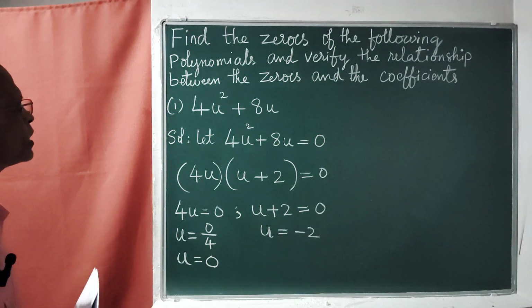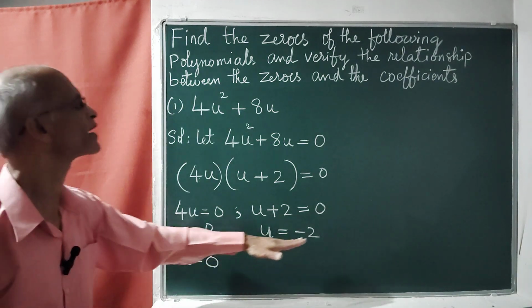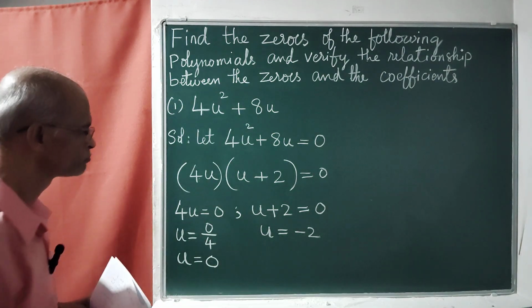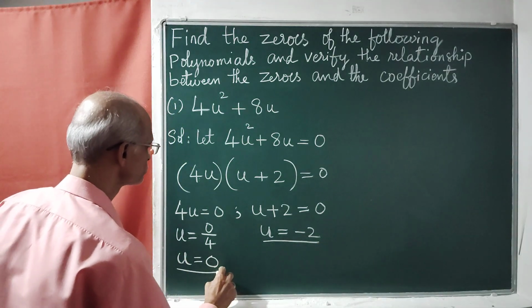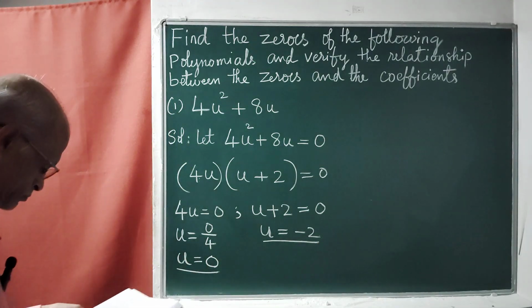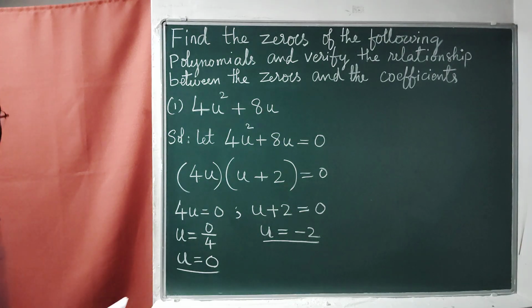I have found the two zeros of the polynomial, that is 0 and minus 2. We can take the screenshot if you want.